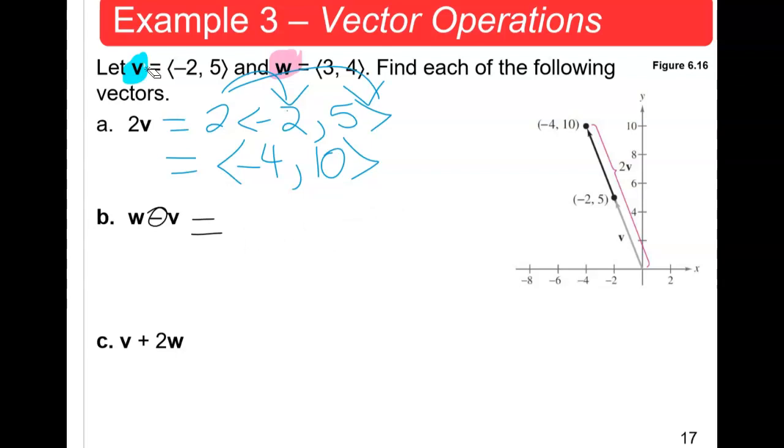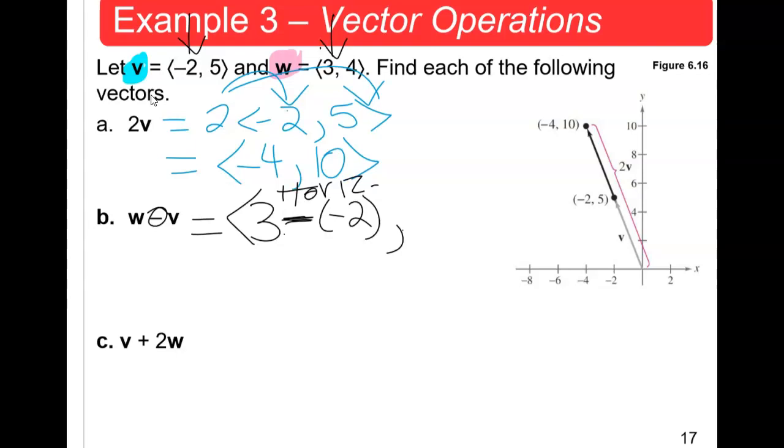So it will be w, the horizontal component of w is 3. So it's going to be 3 minus the horizontal component of vector v, which is -2. But we have a minus already in there, so I'm going to go ahead and use parentheses. Close the parentheses, and that will be only for our horizontal components.